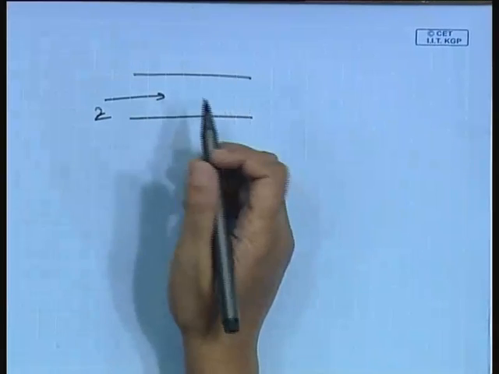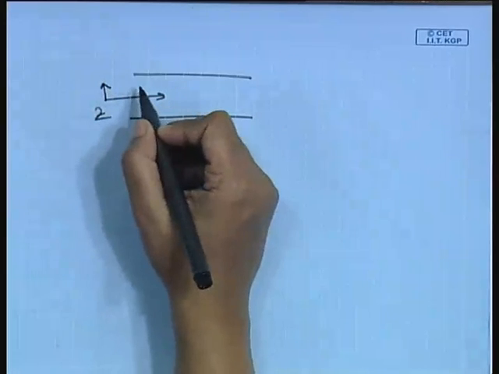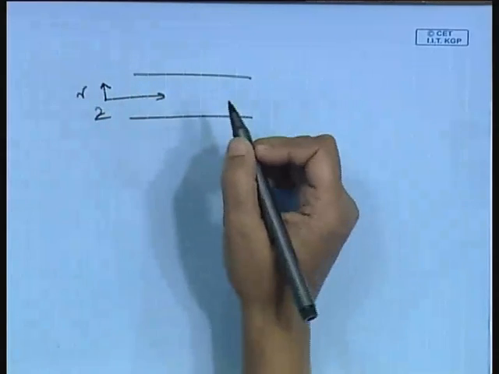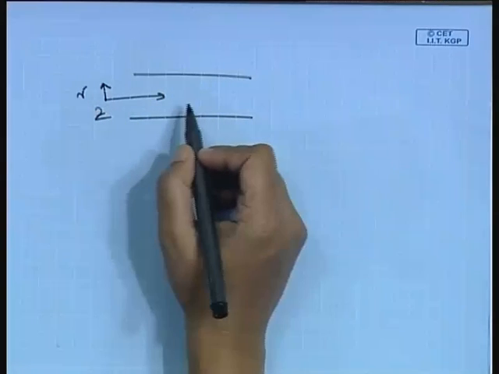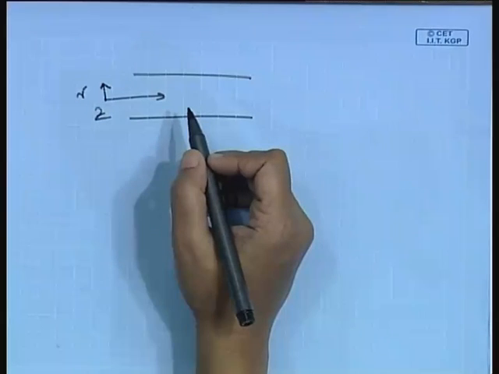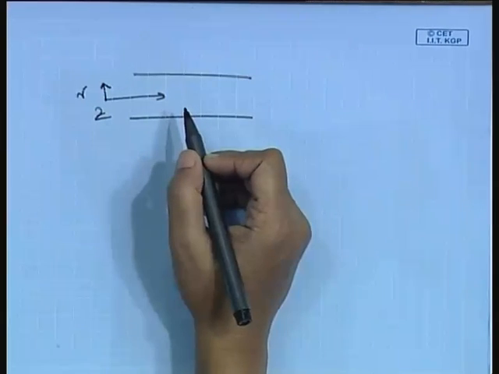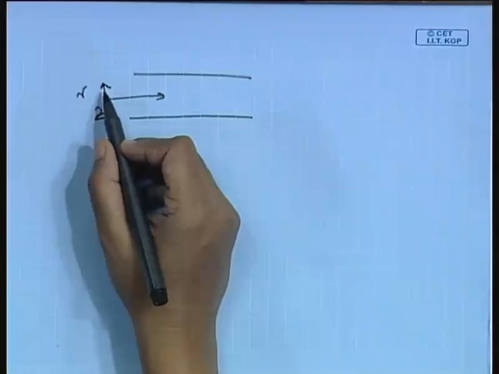And from the axis, suppose it is a circular pipe, we take the coordinate as r. So, along the direction of flow, along the axis of the conduit, z is used as the coordinate, and the radial distance from the axis of the pipe is usually r.